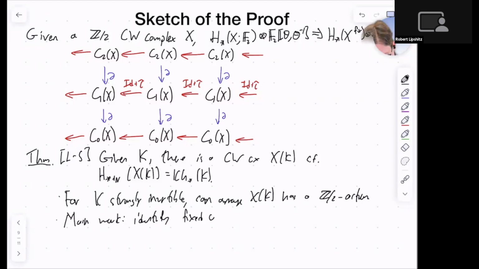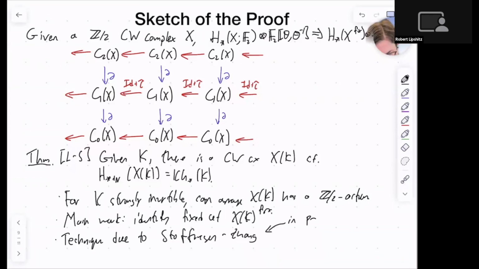The technique to identify the fixed set is due to Stoffregen-Zhang, who had studied this in the p-periodic case. And there's also a variant of that slightly later due to Borodzik and Politarczyk.